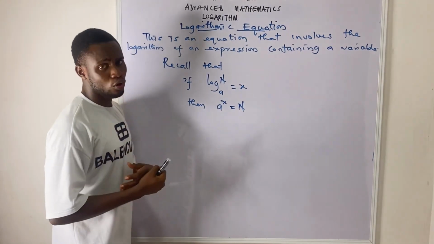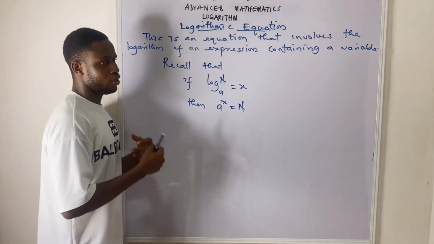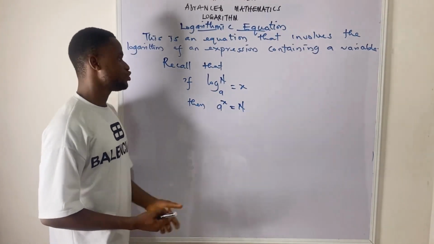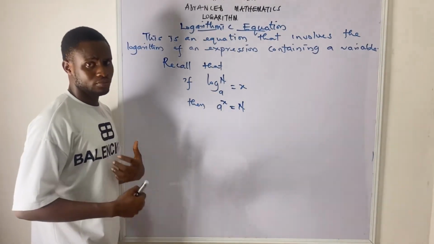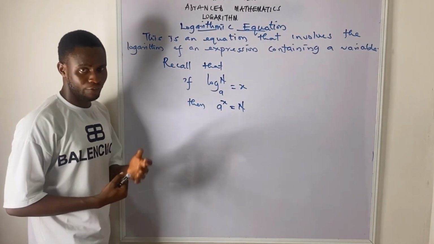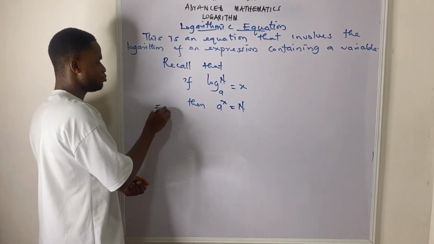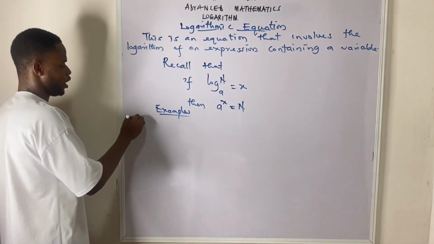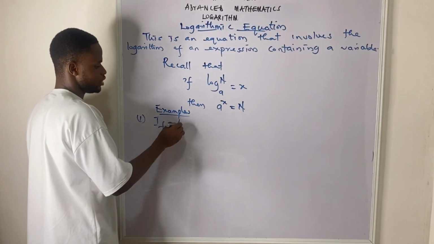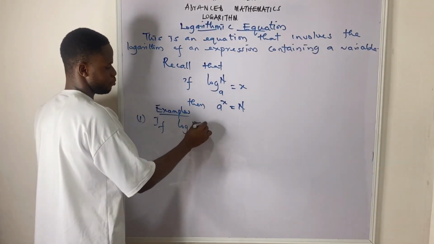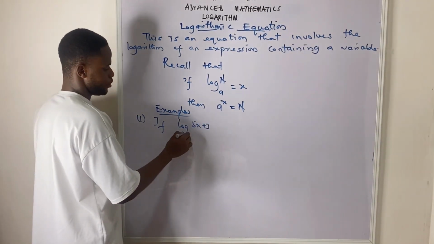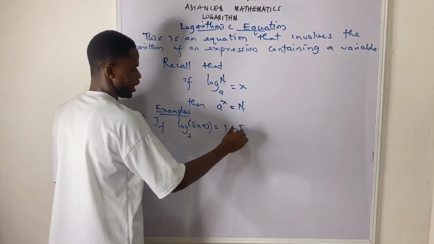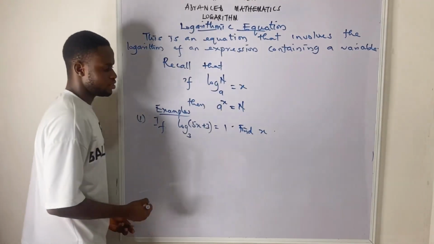And you must also know the logarithm rules. The only difference there is the equal to sign, which makes it an equation. Therefore, let's consider some examples, starting from the basic one. Examples of logarithmic equations. Example: if we have log of 5x plus 3 base 3 is equal to 1, and you have to find x. It's very simple.